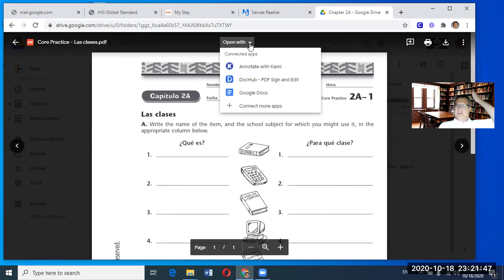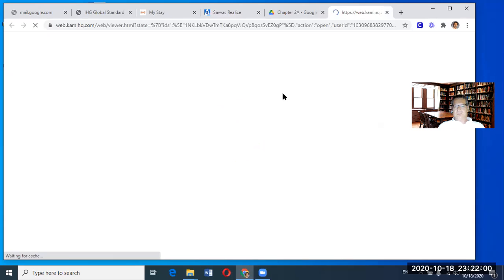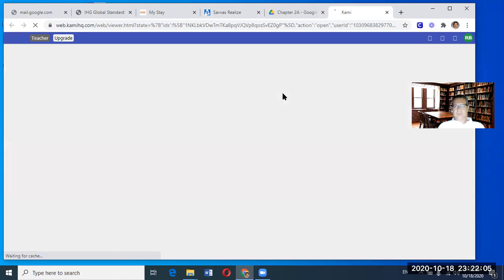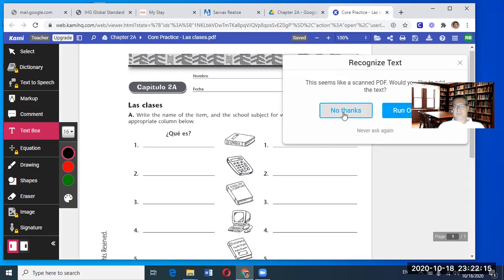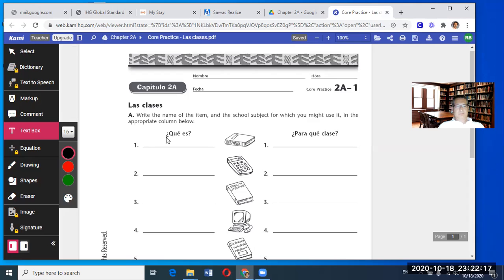So you're gonna open it with Cami. You're gonna use font size 16 text box.